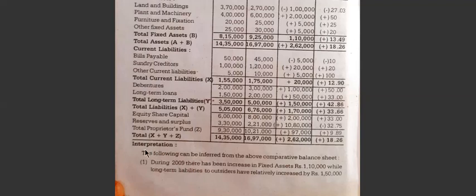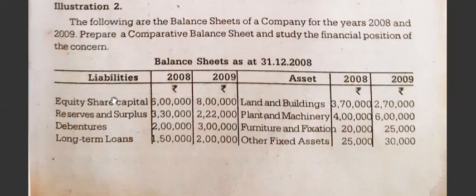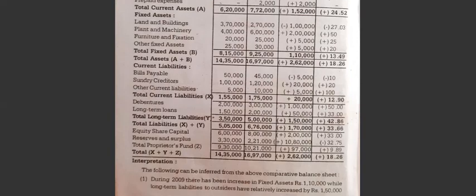Total proprietors fund is nothing but the shareholders fund. If you check the problem, you will see equity shares, reserves and surplus. This will come here. Equity, reserves and surplus, these two; long-term loans, debentures; then current liabilities.